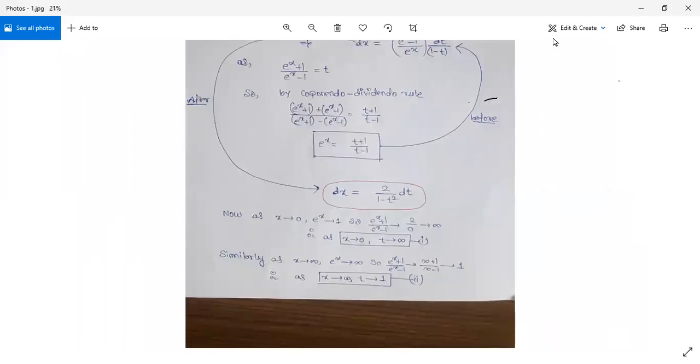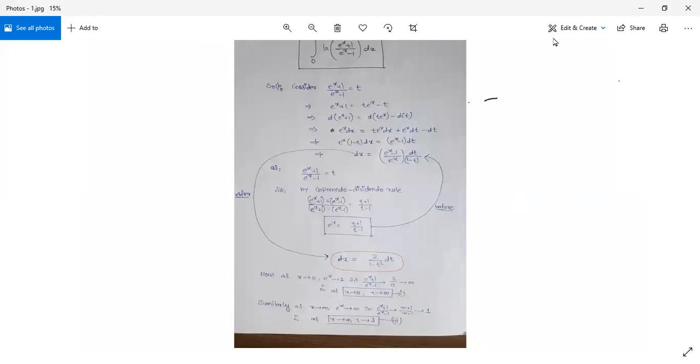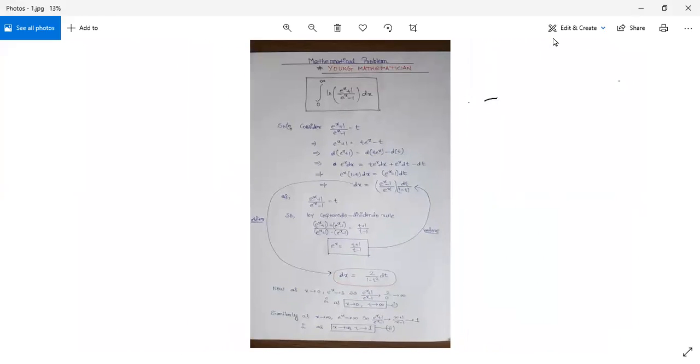Now, one thing we need to note here: as x approaches 0, and since t equals (e^x plus 1) divided by (e^x minus 1), e^x will be approaching 1 when x is approaching 0.